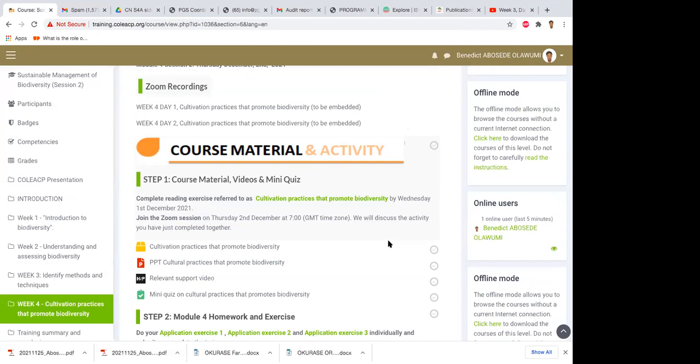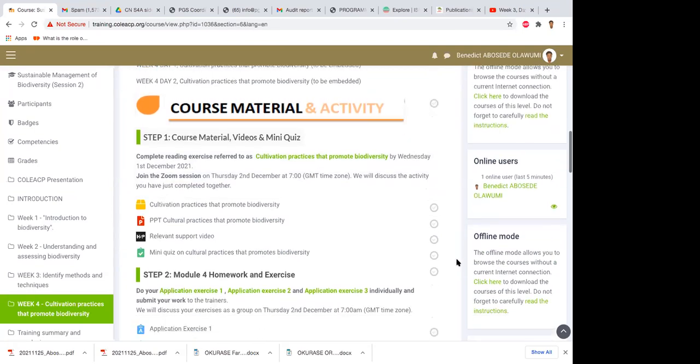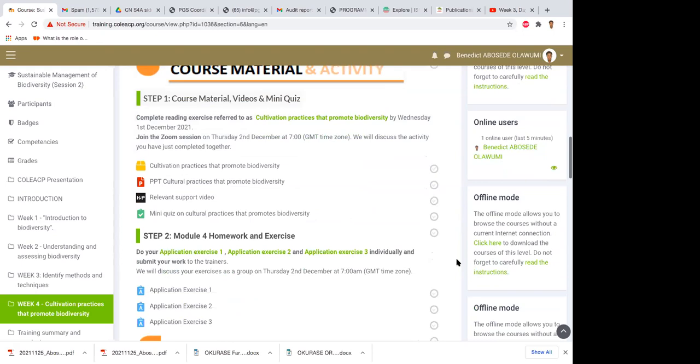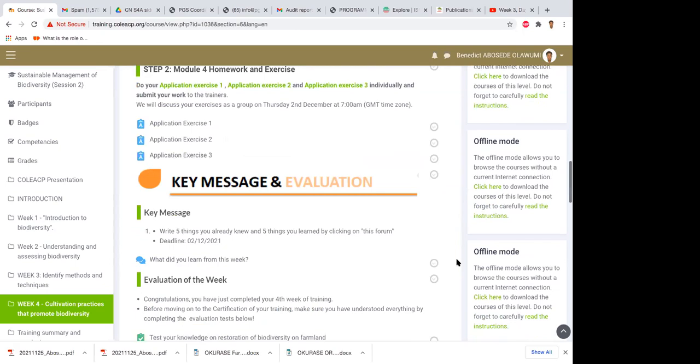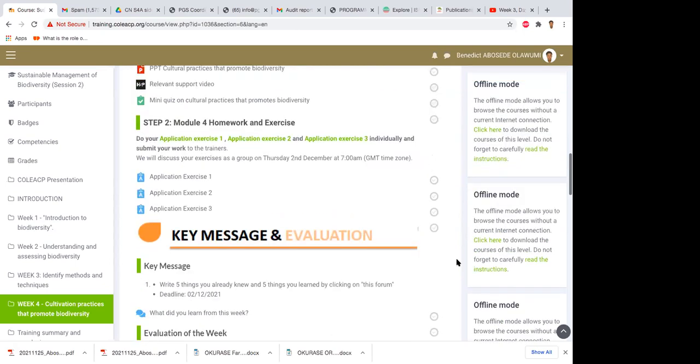We can download the PowerPoint presentation and look at it later. We can download the videos and look at them at a convenient time. But the mini quiz, the assignments, and the test your knowledge are so important for our grading.